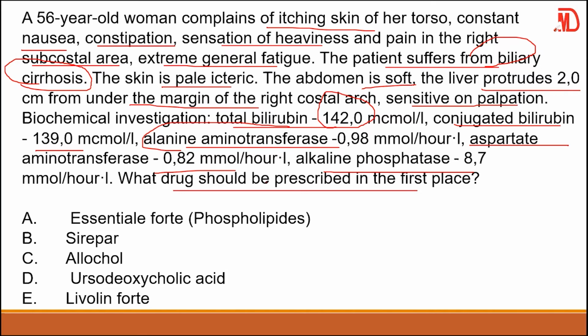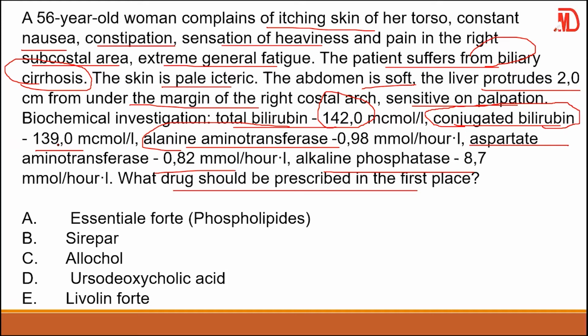And then if you look at it, total bilirubin is what? 142. And conjugated, that means it has already passed through what? The liver. We are having 139. And we said that in hepatic, we might have slight difference between conjugated and non-conjugated, isn't it?